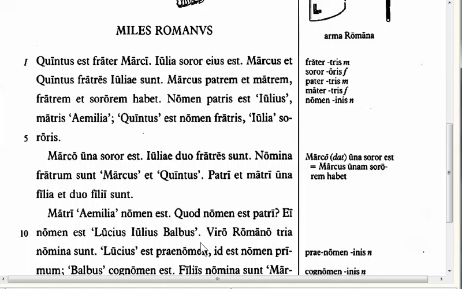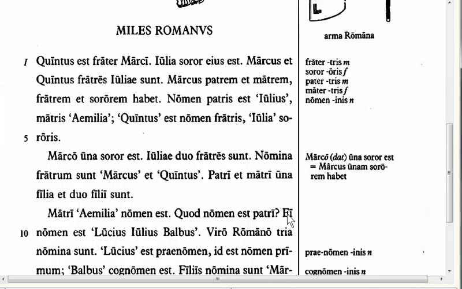The name to him, ei, is Lucius Julius Balbus. So here we have three datives of possession in a row. These happening to be the first two in third declension, and then ei from is. So a common construction, and you should know the name dative of possession.